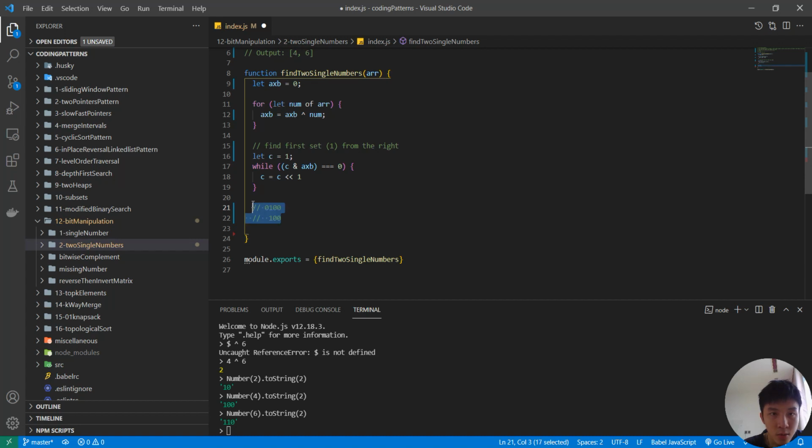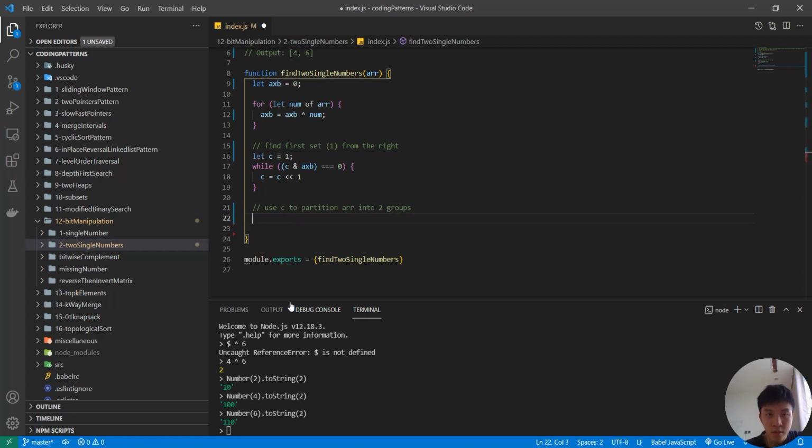So down here we can use c to partition the array into two groups, right?